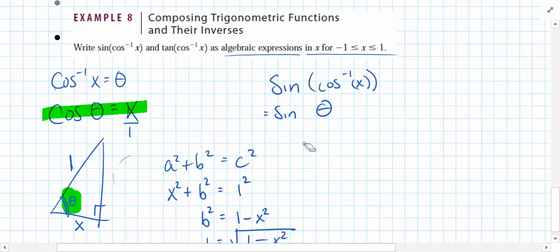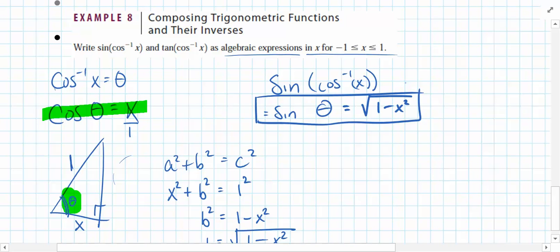Oops, not to write it this way: it would be the same theta required to make sine of theta equal to the square root of 1 minus x squared. So we can go with that as our final answer.